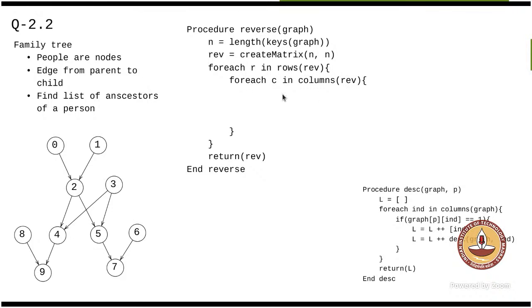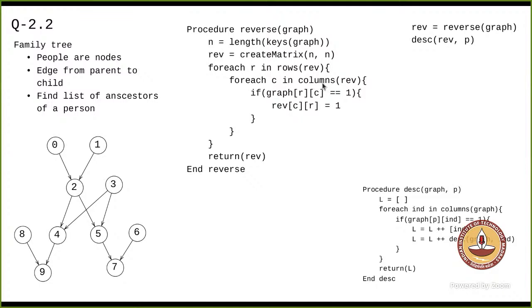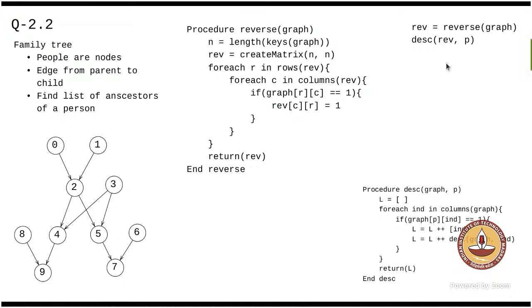If there is an edge from R to C, make an edge from C to R. So will this give us the reverse graph? Yes. Now, if you want to find the ancestors of 7, you reverse the graph and then do descendants on the reversed graph, comma P.